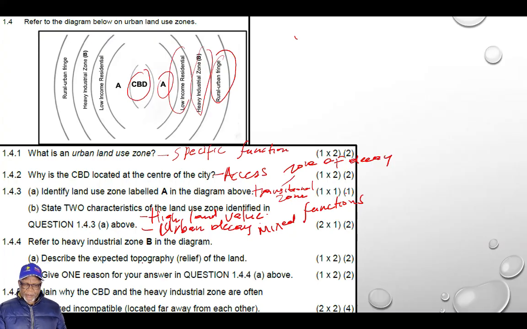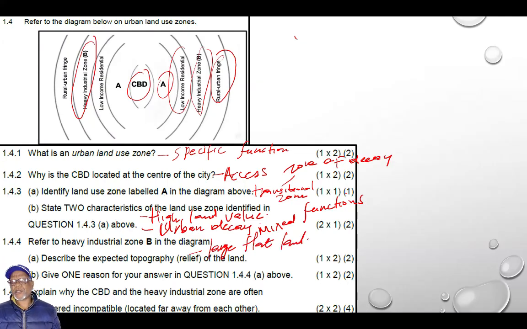Now they say describe the expected topography or relief of the land. Refer to heavy industries zone B. So describe the expected terrain or relief where you have heavy industries: large, flat land.